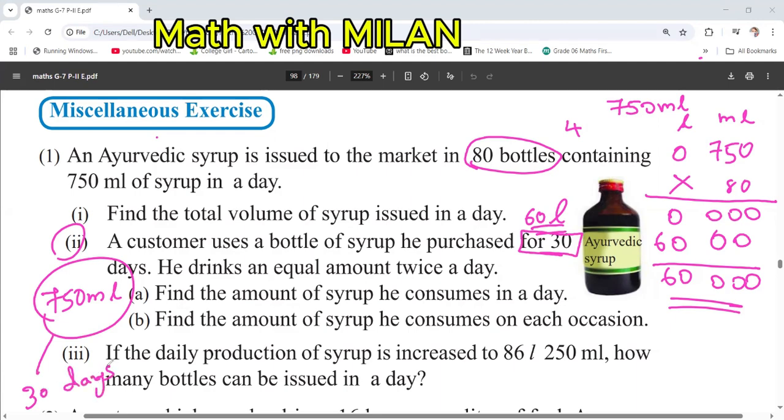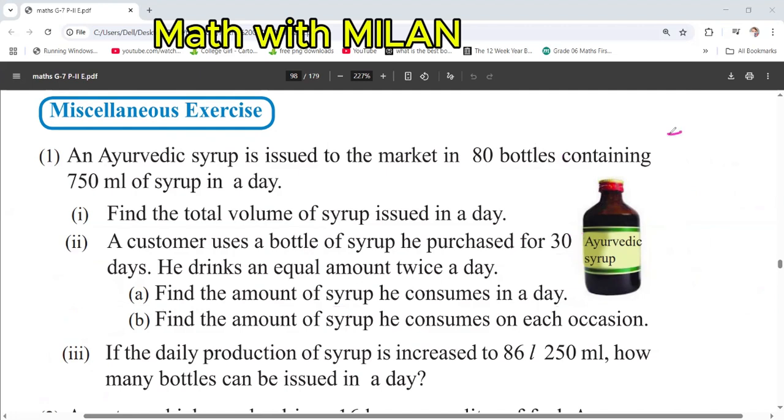So you need to find the amount of syrup he consumes in a day. You have to divide this 750 by 30. Let's do that.